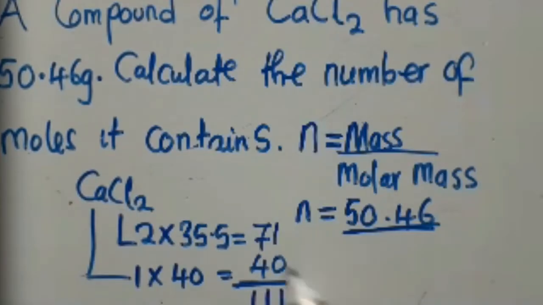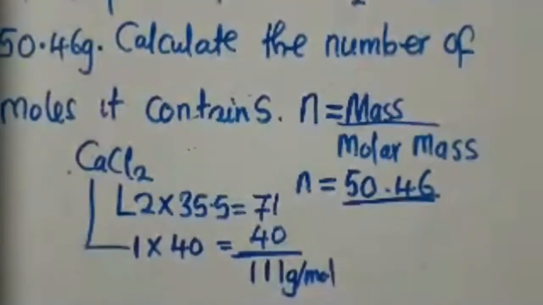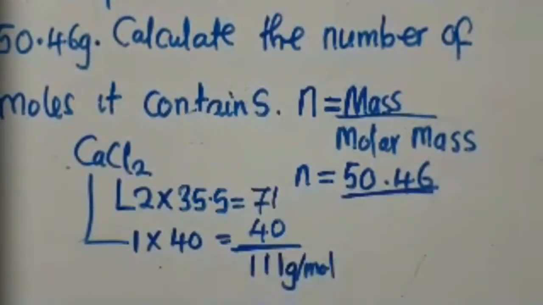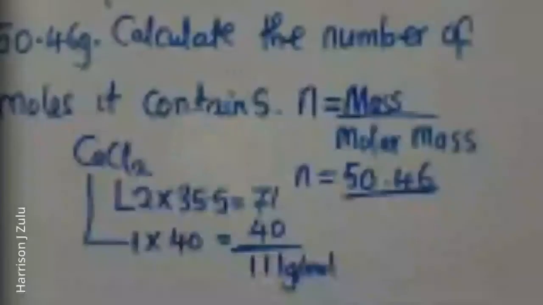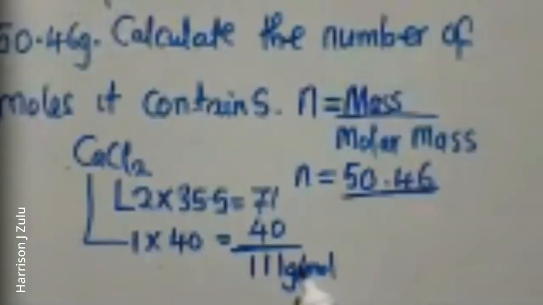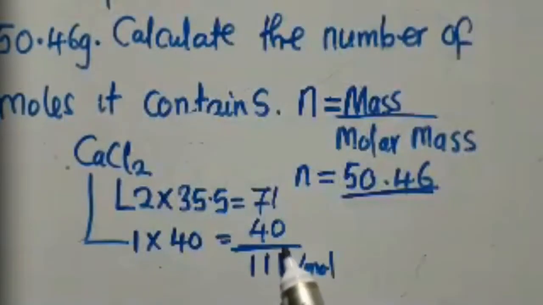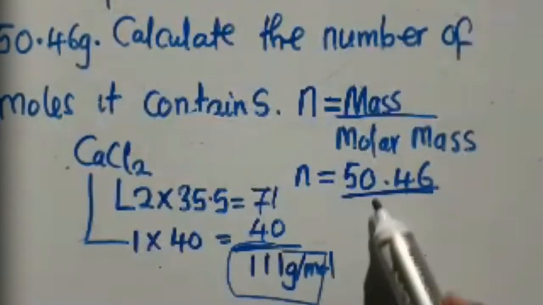This is the molar mass, so grams per what? Per mole. Hope you've seen this. And these are some of the things that should be considered. So you need to know this. This is the molar mass, which is 111.